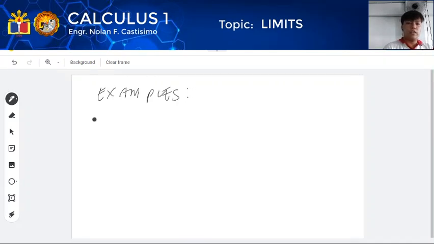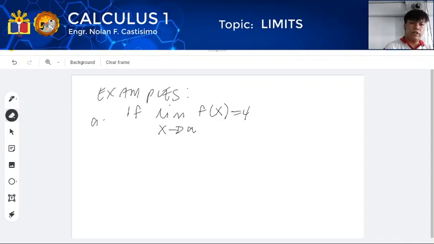Examples, letter A. So we have here, if the limit of f of x is equivalent to 4 as x approaches a, so burahin muna natin yung a, kasi yung sinusulat ko pa lang is yung condition ng examples.